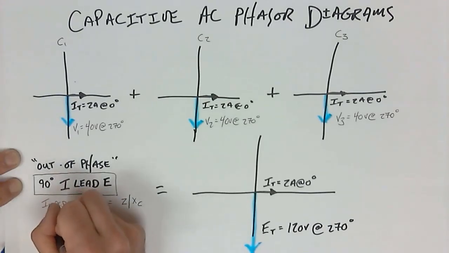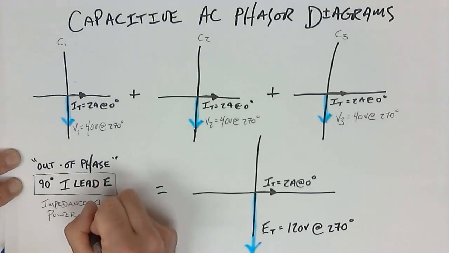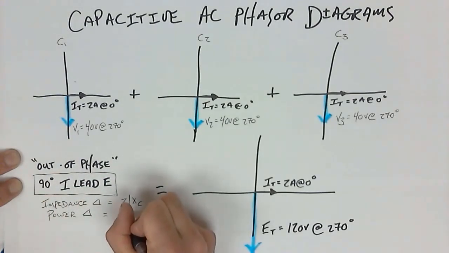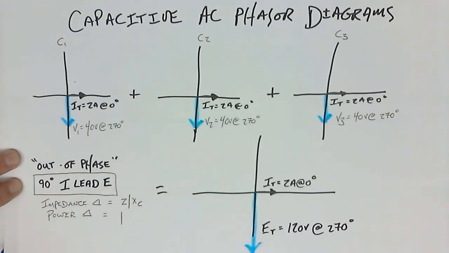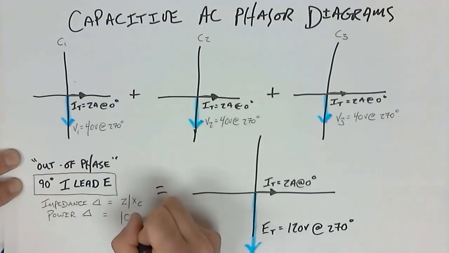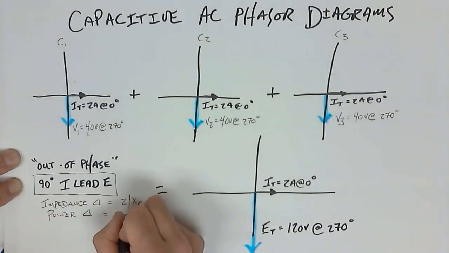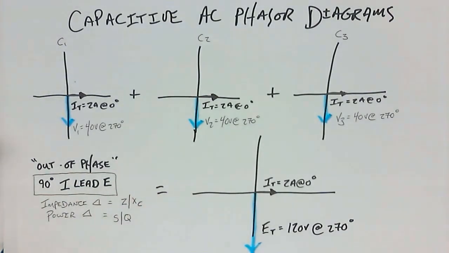What about a power triangle? Well, a power triangle, same thing. What we would see is a vertical component, but that vertical component would be made up of Q, of VARs. And then what about the horizontal? There's zero horizontal, which means what would the VA or S be? The S would have to be exactly the same.